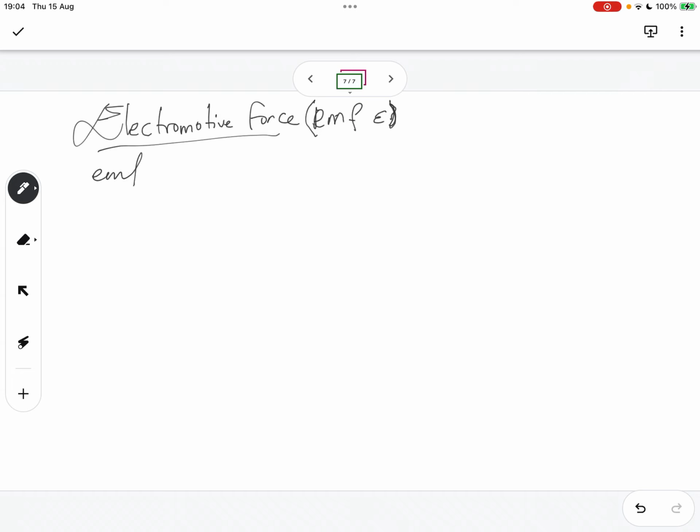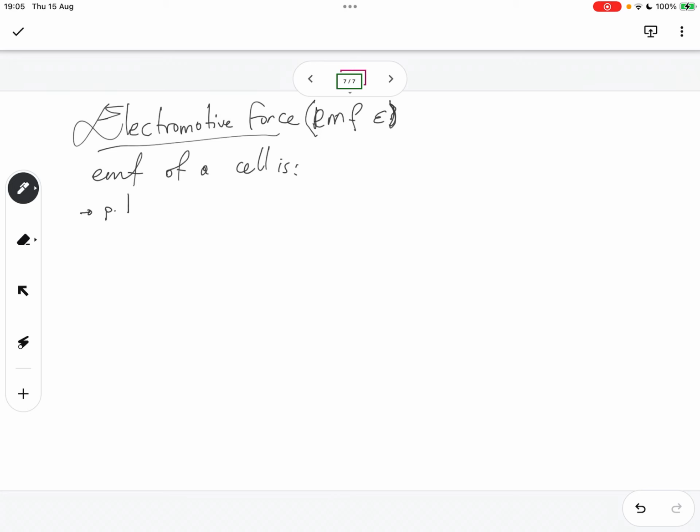So the EMF of a cell is the electrical potential difference across the terminals of a cell while no current flows.